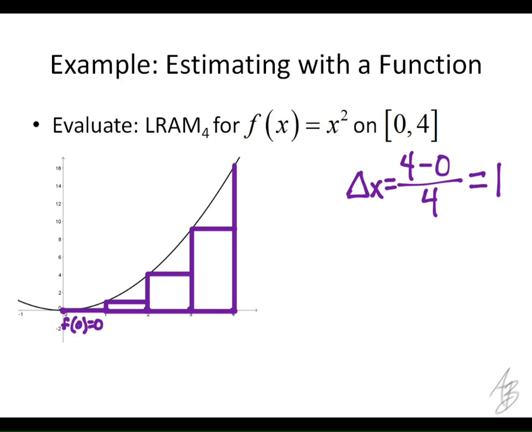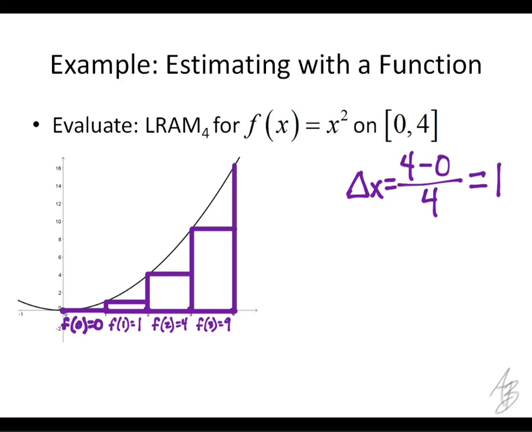It's going to be 1 because f of 1 is 1. How about this one? It's going to be 4 because f of 2 is 4. And the last one, f of 3, we're using the left endpoint again, is 9. Okay, so those are the heights of the rectangles.